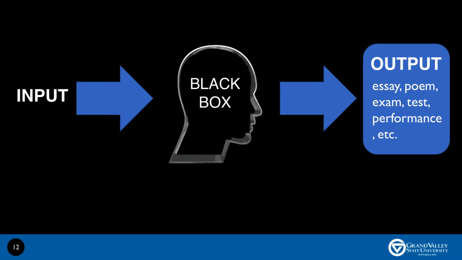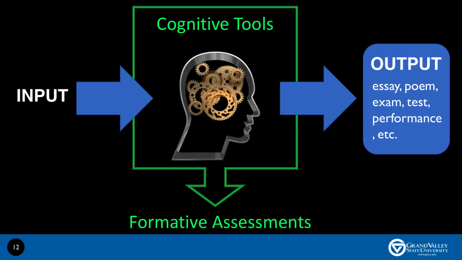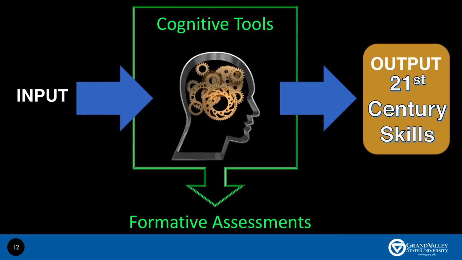Traditionally, the learning process occurred in a black box, and the focus was primarily on the outcome of the learning process, the output, the product, and that is how learning was measured. But now, emerging technologies, if used as cognitive tools, can allow us to look inside the black box to understand how learning occurs and to augment the learning process so that we can enable 21st century skills that include higher order thinking skills.